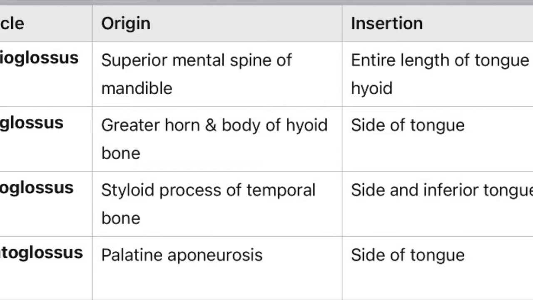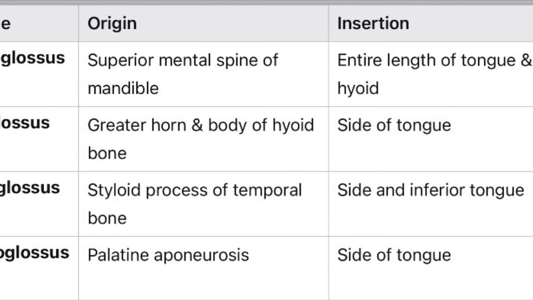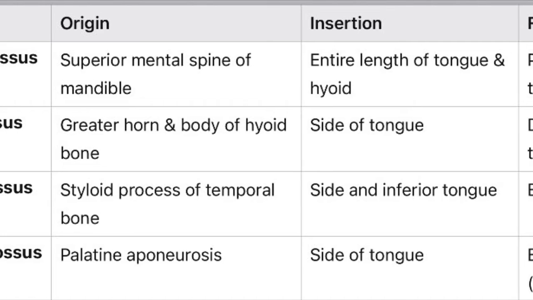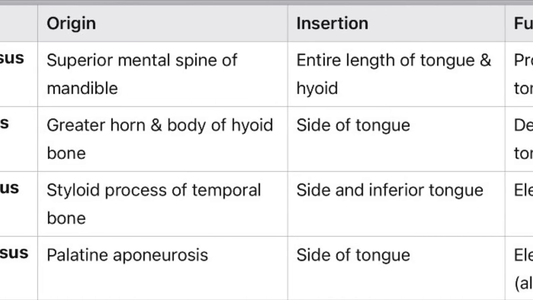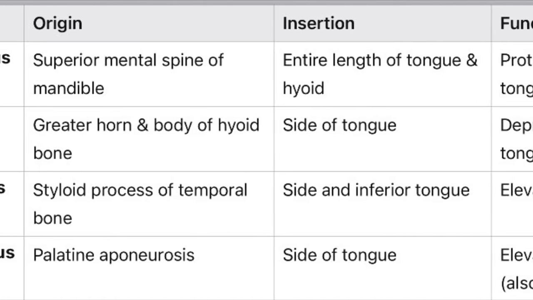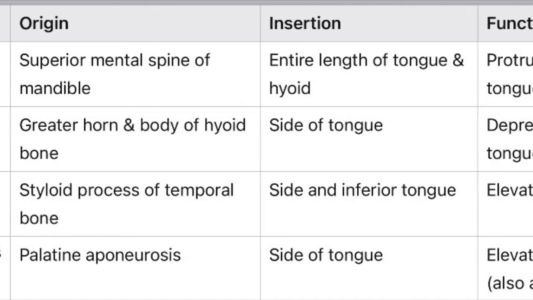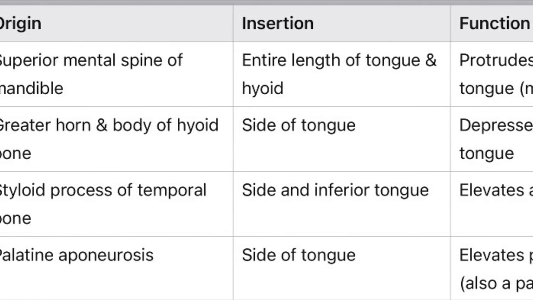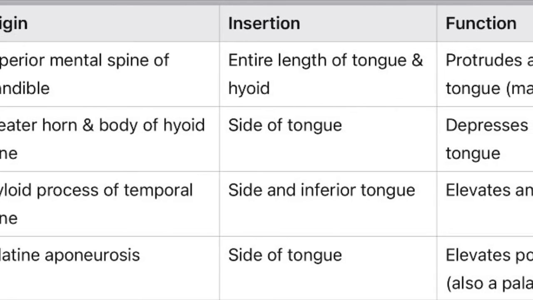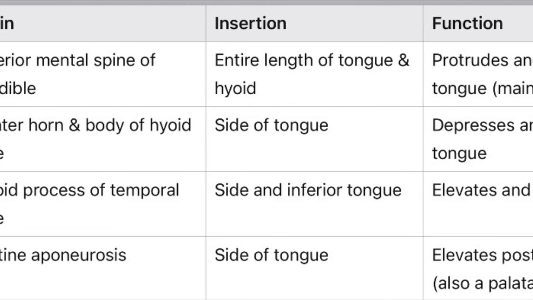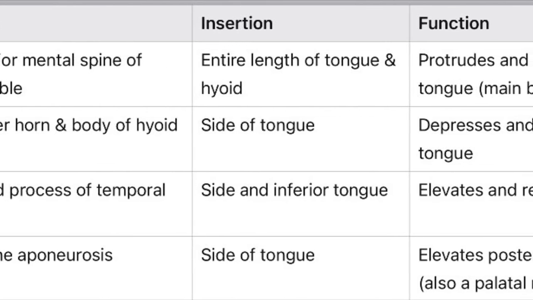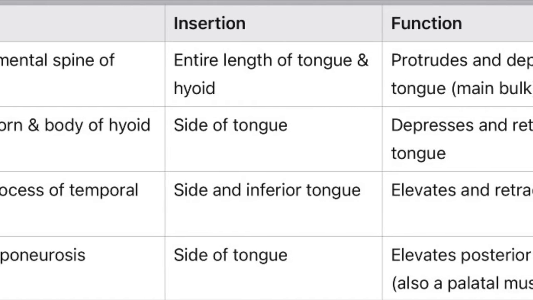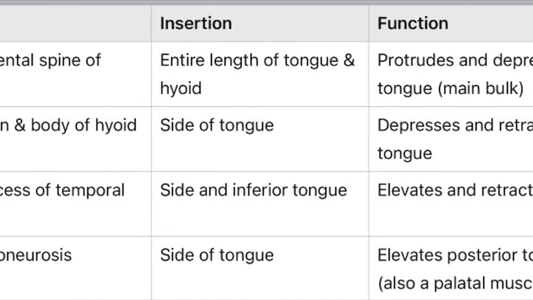Hyoglossus muscle originates from the body and greater horn of the hyoid and inserts on the lateral or inferior surface of the tongue, which also depresses the tongue but it retracts the tongue. Styloglossus arises from the styloid complex, and it inserts on the lateral or inferior surface of the tongue, which also retracts the tongue.